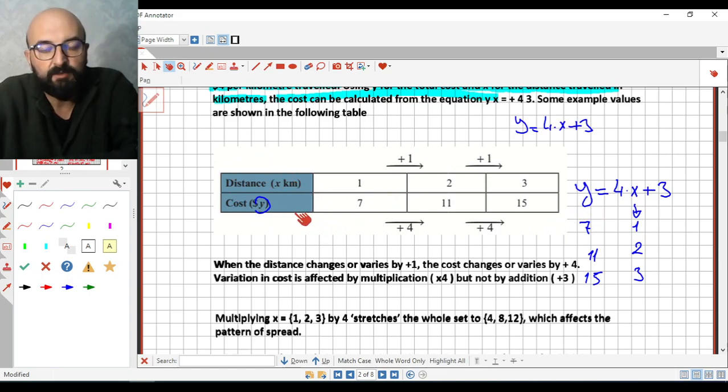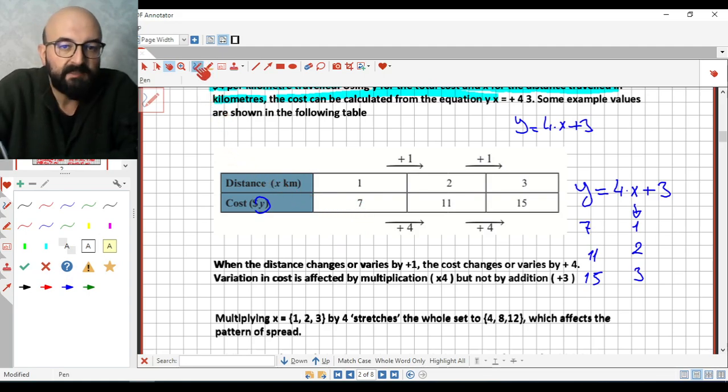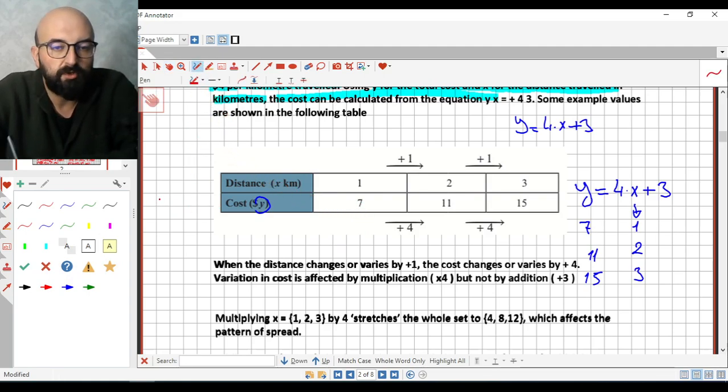And then we look at this table, where cost is y and distance is x, and the cost is fourfold the distance plus 3.